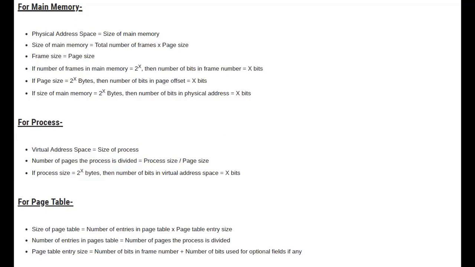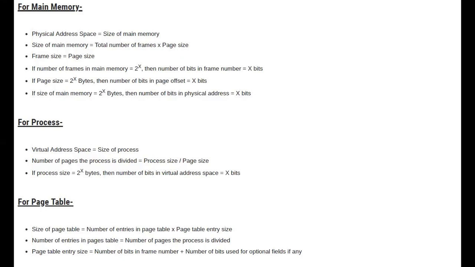If you are having 1 bit for the offset, then how many offsets will be there? 2. If you are having 2 offset bits, you will be having 4 offsets. If you are having 3 offset bits, you will be having 8 offsets. 8 offsets means the size of the page is 8 bytes, if one offset is of 1 byte.